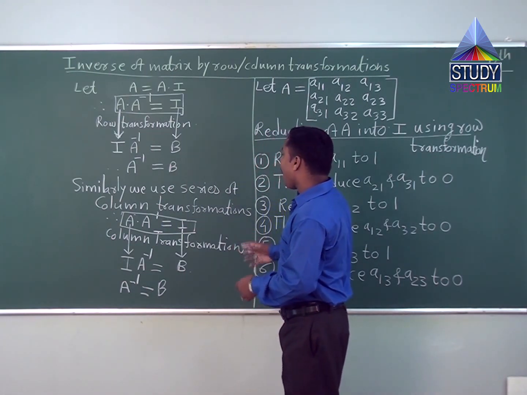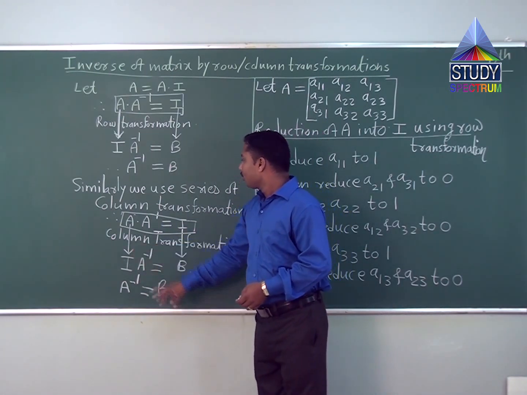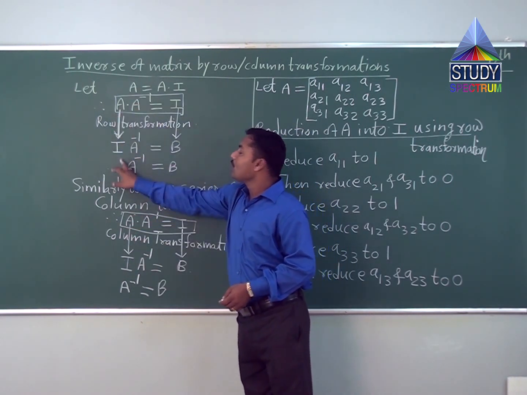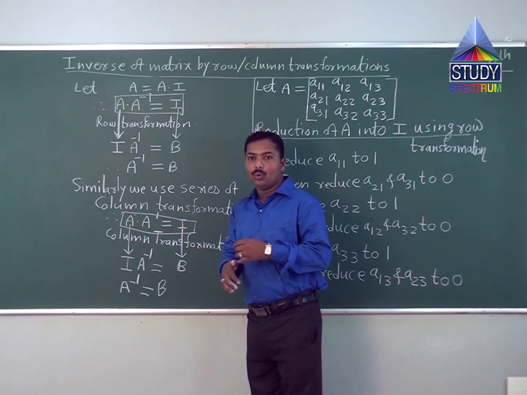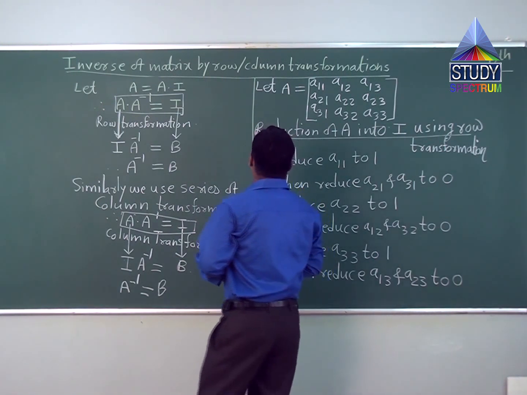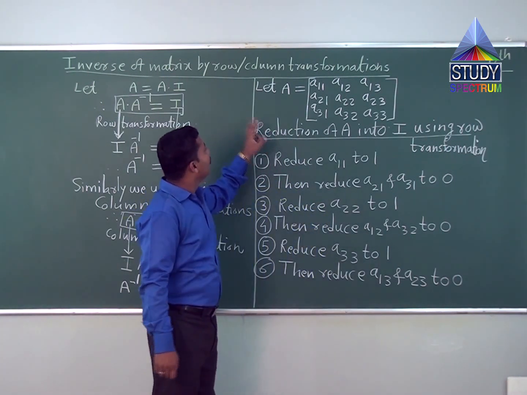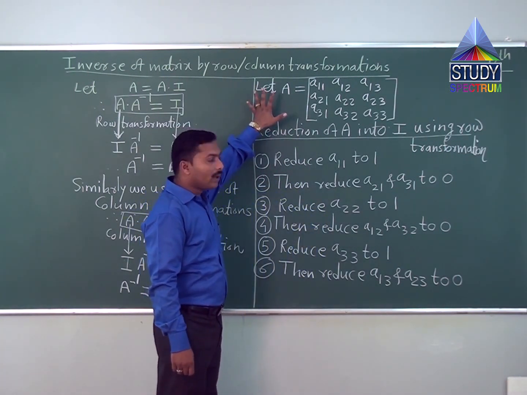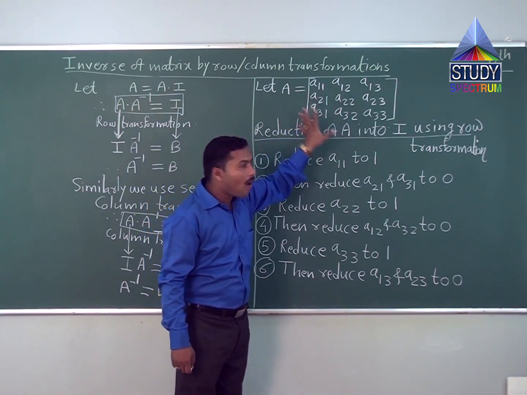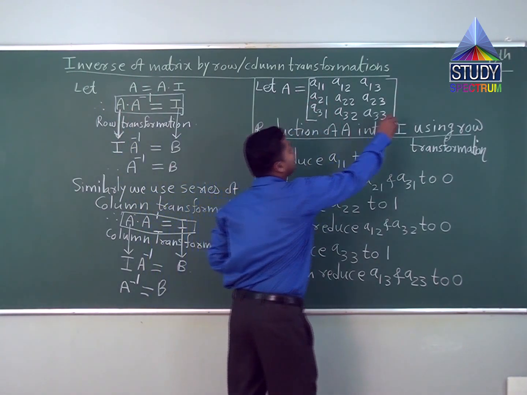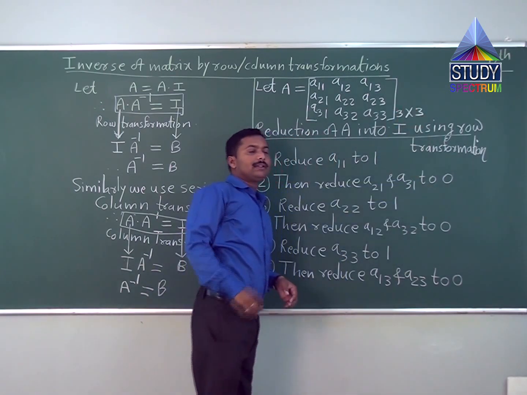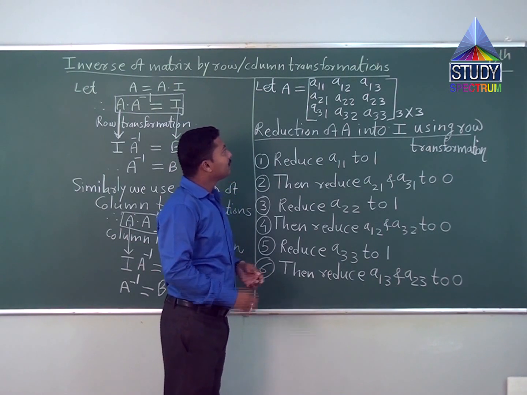But how does the square matrix A convert into identity matrix? This is an important concept. Suppose the given A is a square matrix in this form, a 3 by 3 square matrix.